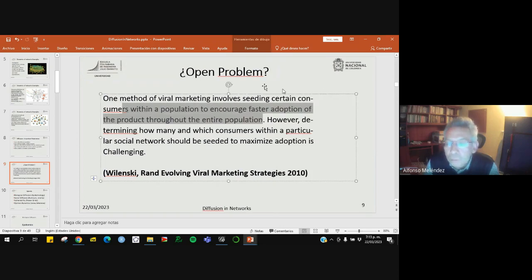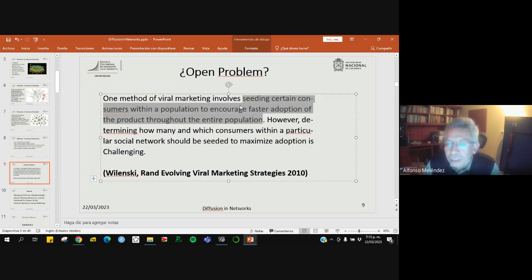So this is an open problem. Which customers do you need to encourage, to seed, to begin the diffusion of your product, so that there's a faster adoption of the product? This depends on the type of network.